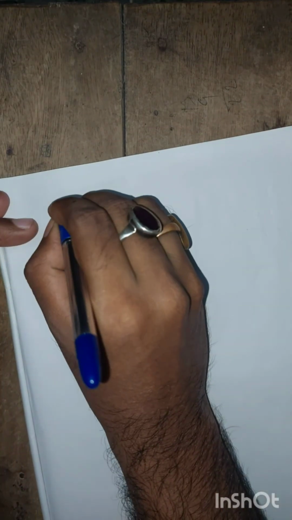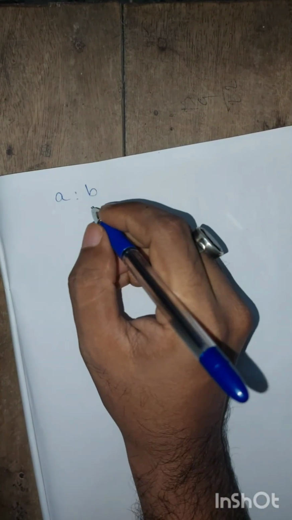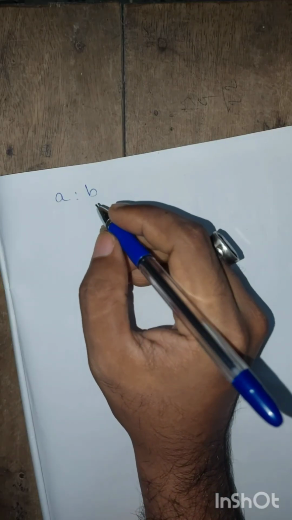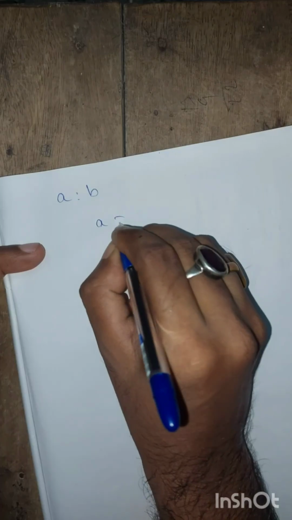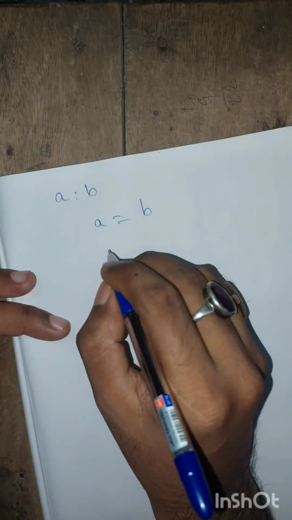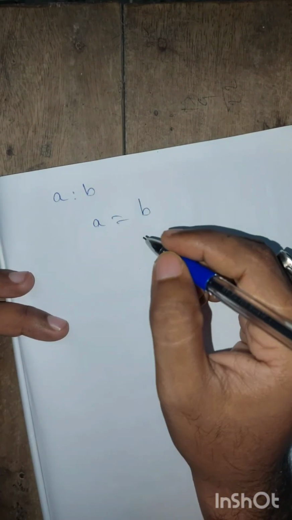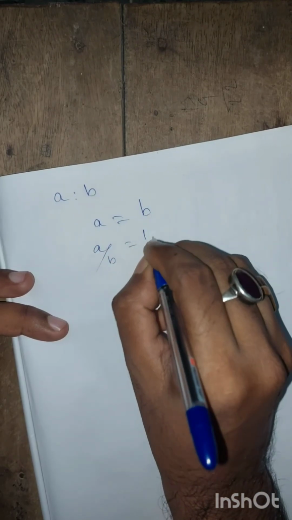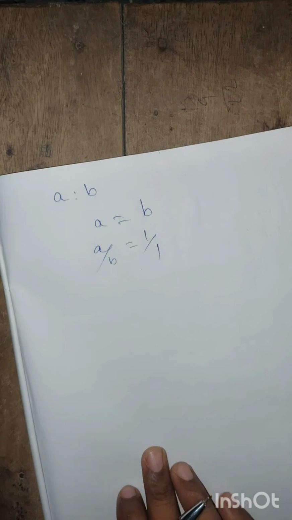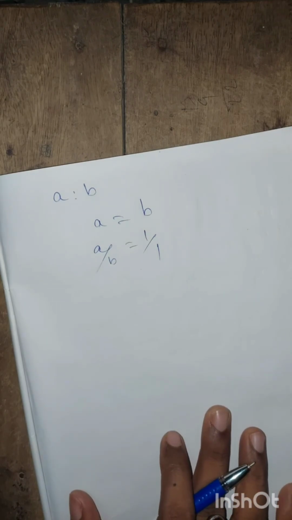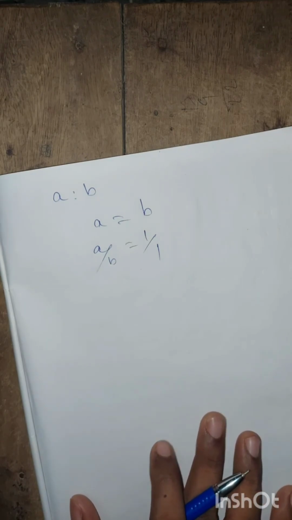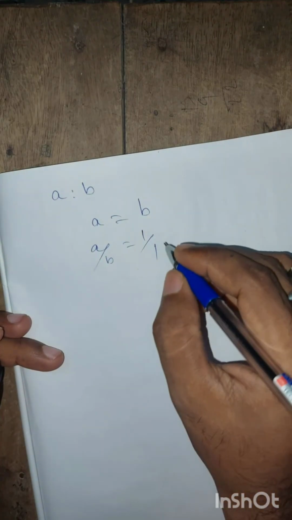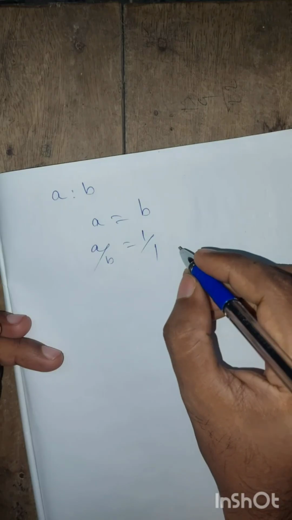So for a ratio, when the antecedent is equal to the consequent, it becomes a by b equal to 1 by 1. This kind of ratio is called ratio of equality.